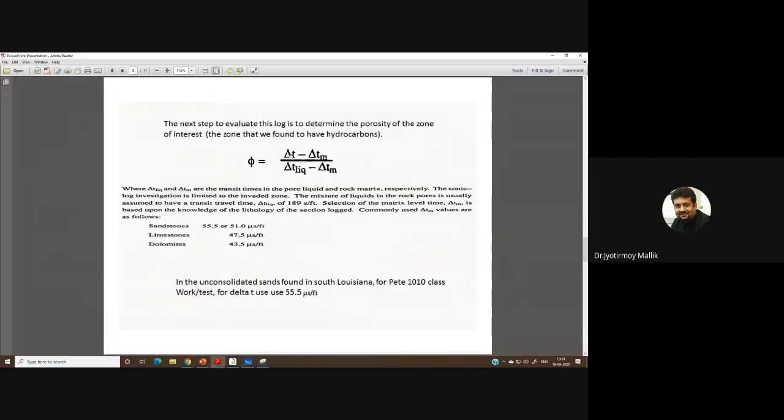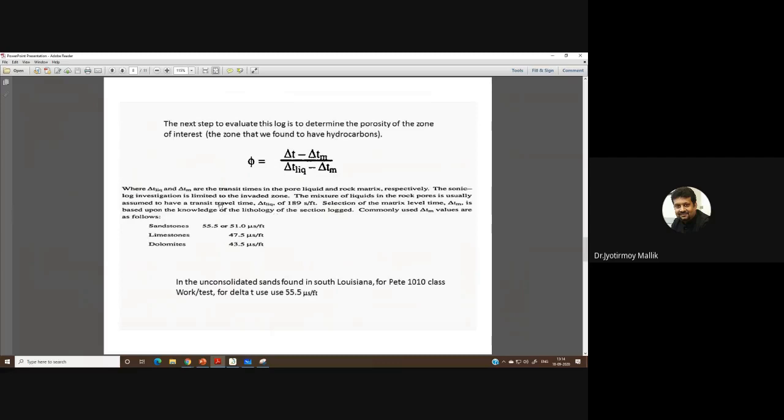Delta T is the measured transit time between any depth interval, and delta T matrix is the matrix transit time. Say I am doing my test in sandstone, so I will use a delta T value between 55 and 51 microseconds per feet.